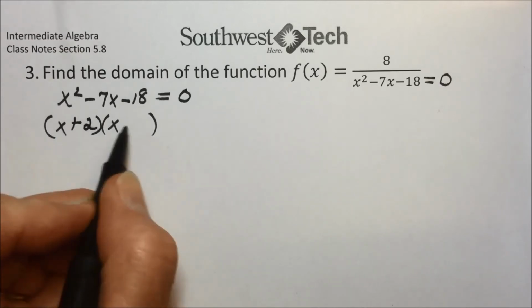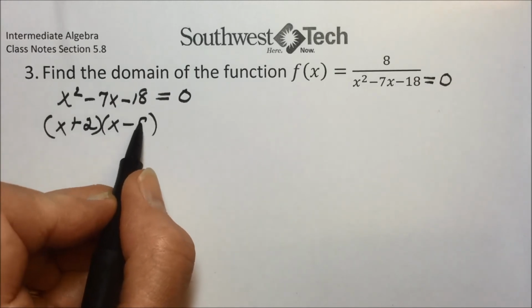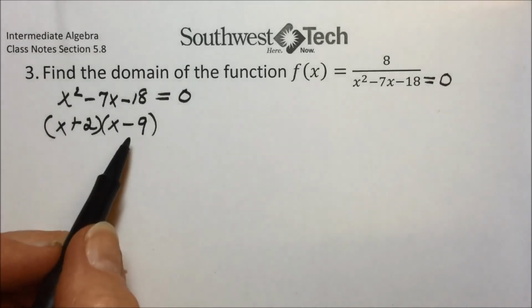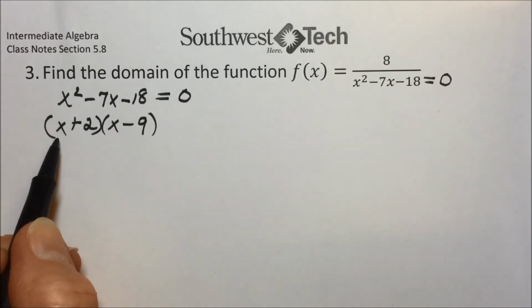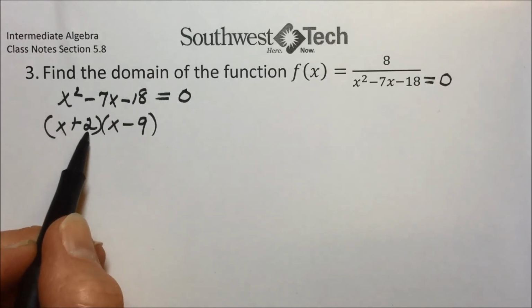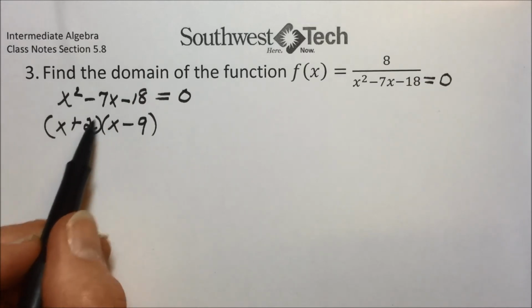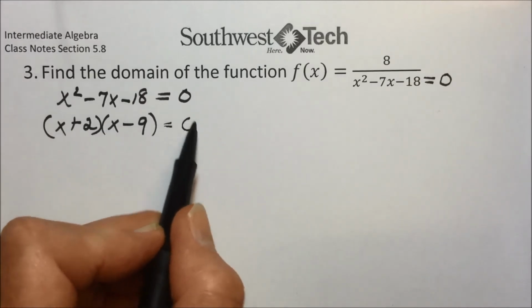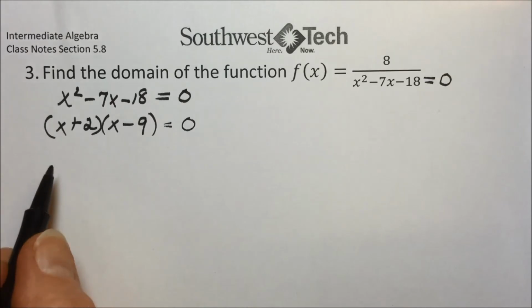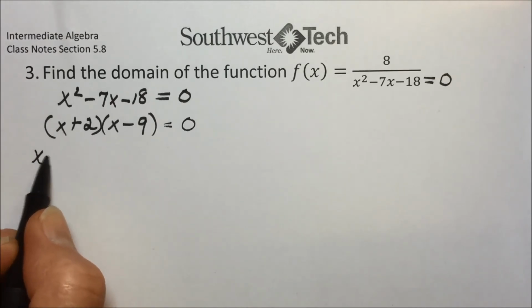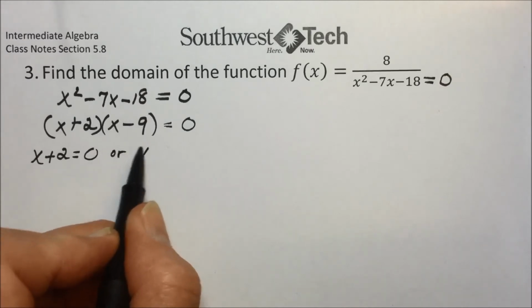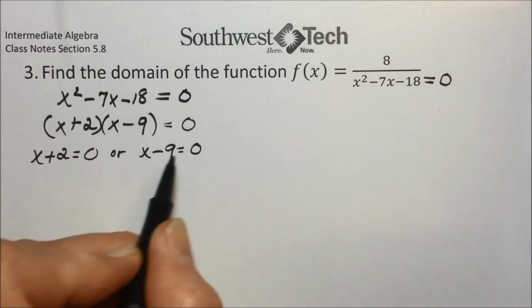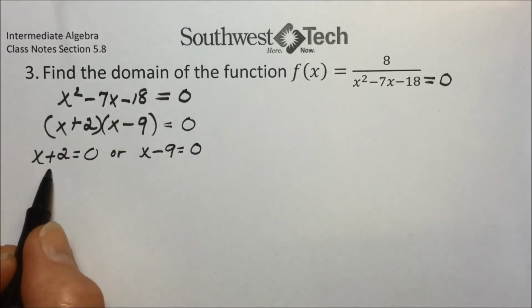If we have a positive 2 and a negative 9, when you multiply those together, FOIL method, outside would give us a negative 9x, inside is a 2x, which is the negative 7x, last term is the negative 18. The product of these two things is equal to 0, which means x plus 2 equals 0, or this other factor must equal 0 for the product to be 0.